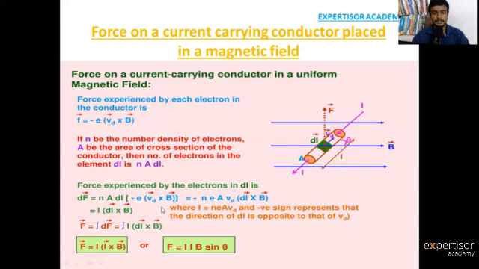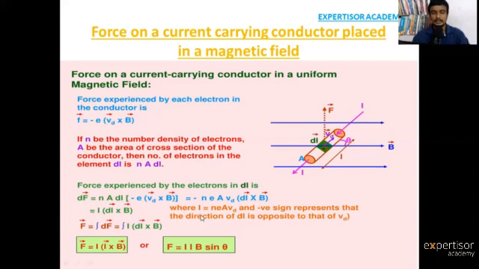So finally, we get the relation dF is equal to I dl cross B, where I is equal to n e A Vd, and the negative sign represents that the direction of dl is opposite to that of the drift velocity.